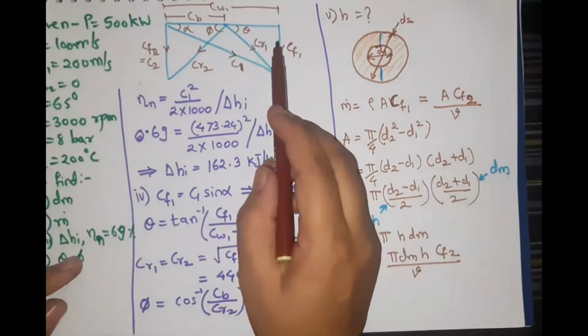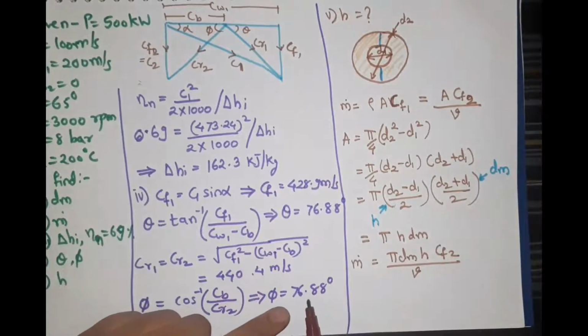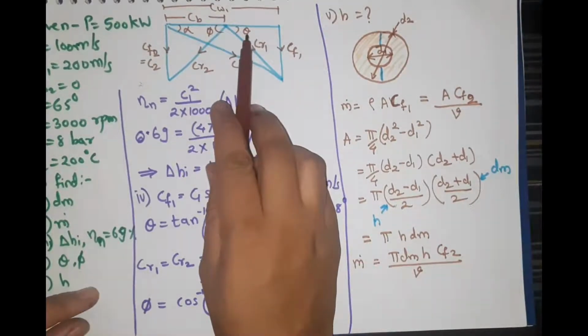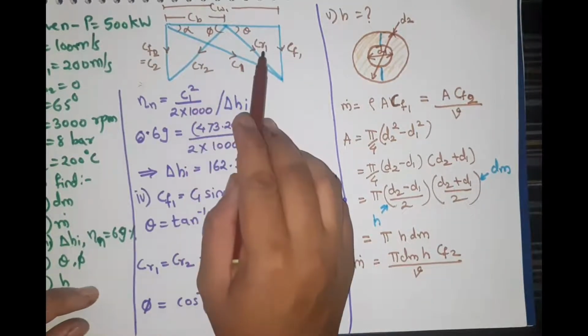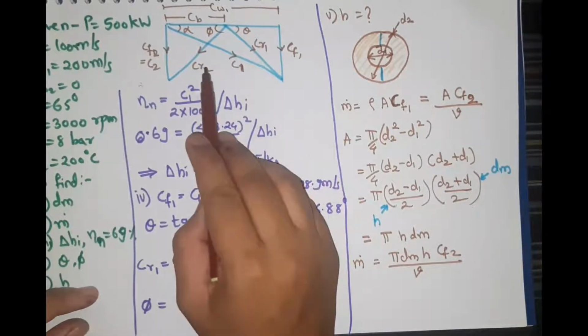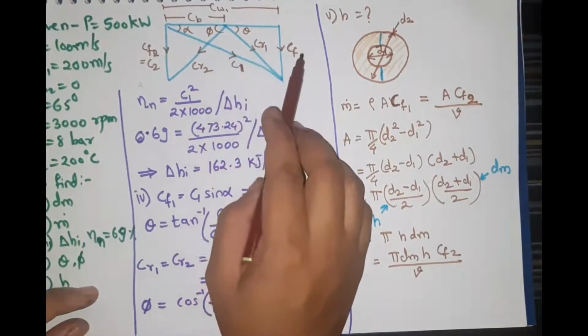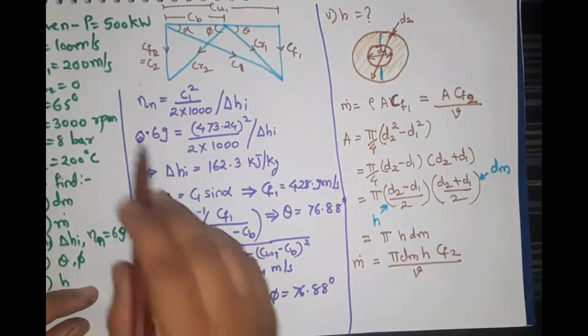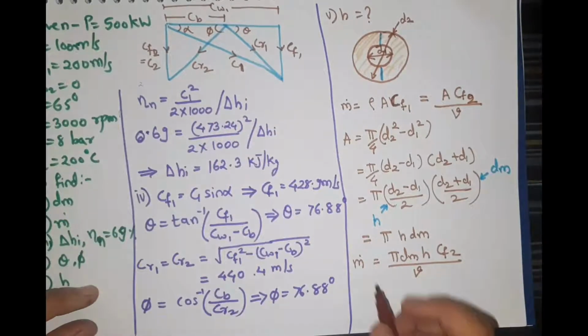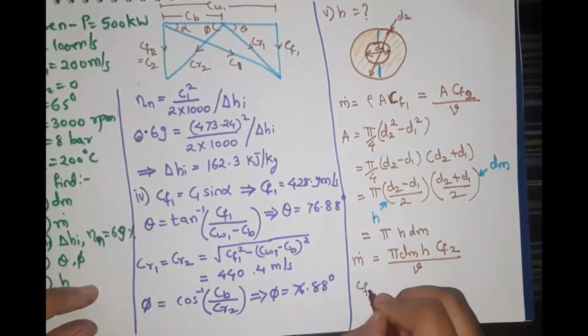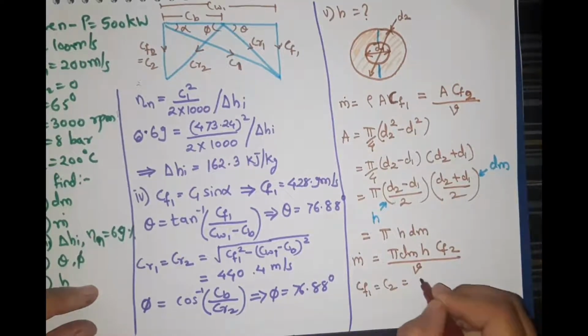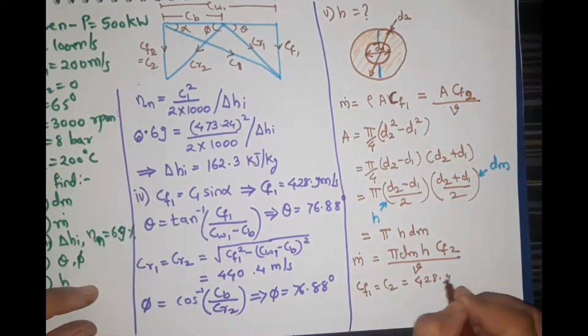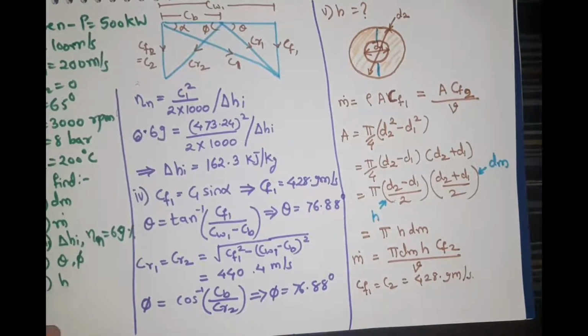Now here we can see theta and phi both are same. Also CR2 and CR1 both are same. So due to that we can see here CF1 and CF2 will also be same. So CF1 equal to CF2 equal to 428.9 meter per second.